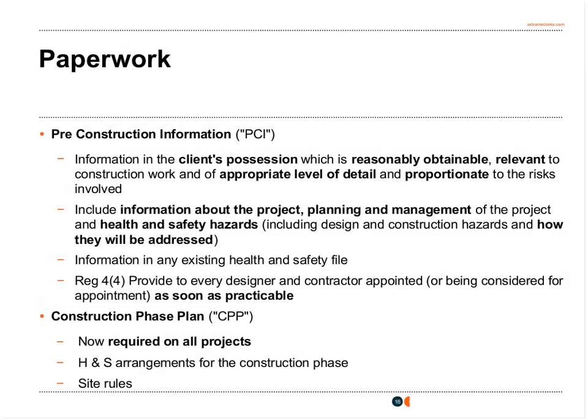Now that can include information such as a pre-existing health and safety file for the original construction of a building. It can include site surveys, condition surveys, structural reports or information of that nature. And it must be information that relates to the project, its planning and management, and health and safety hazards associated with that project and how they might be addressed.